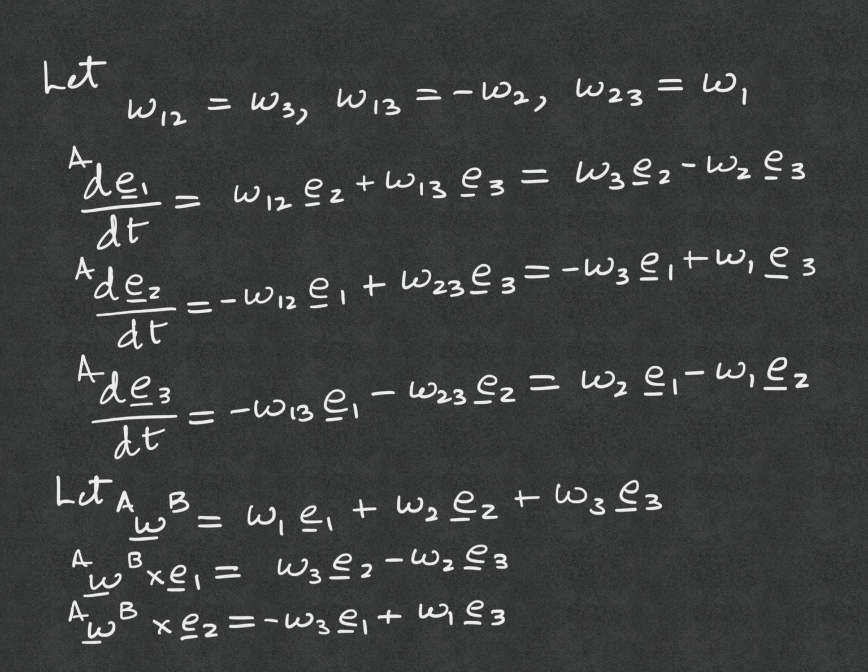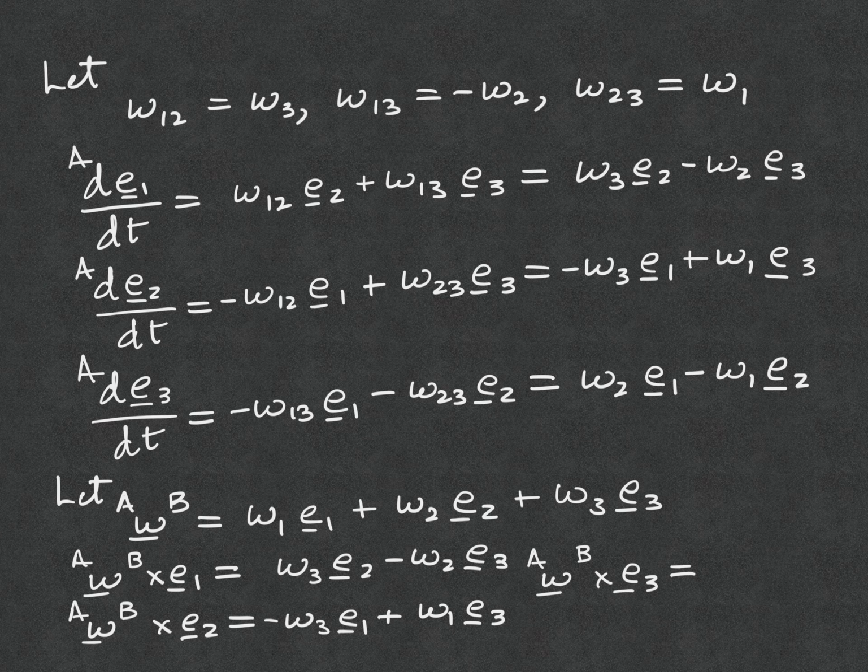And then the last one, which I'll put over here, is omega BA crossed with E3. By the same logic, I've got E1 crossed with E3 and E2 crossed with E3. E1 crossed with E3 is minus E2, and E2 crossed with E3 is E1.